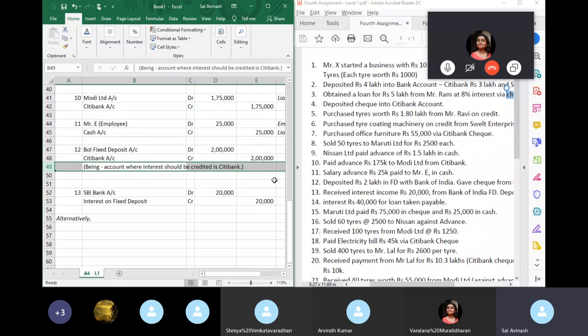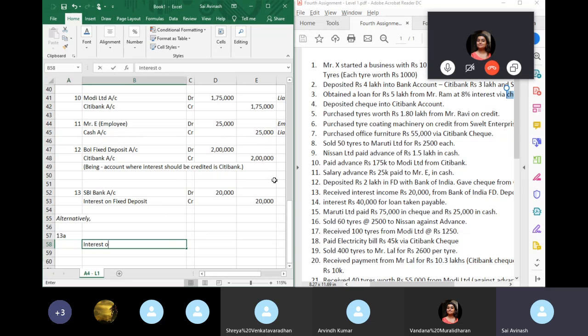Can you give me the bank account number where I should credit the interest? So you told them, okay, this is my Citibank account number, so whenever you have to pay me interest, pay it in this account. You gave them an instruction. So first, you can say it's 13A. They're giving you money. The first step will be interest on fixed deposit. You're getting income, so that's a 20,000 increase in income. They're paying you in your Citibank account.